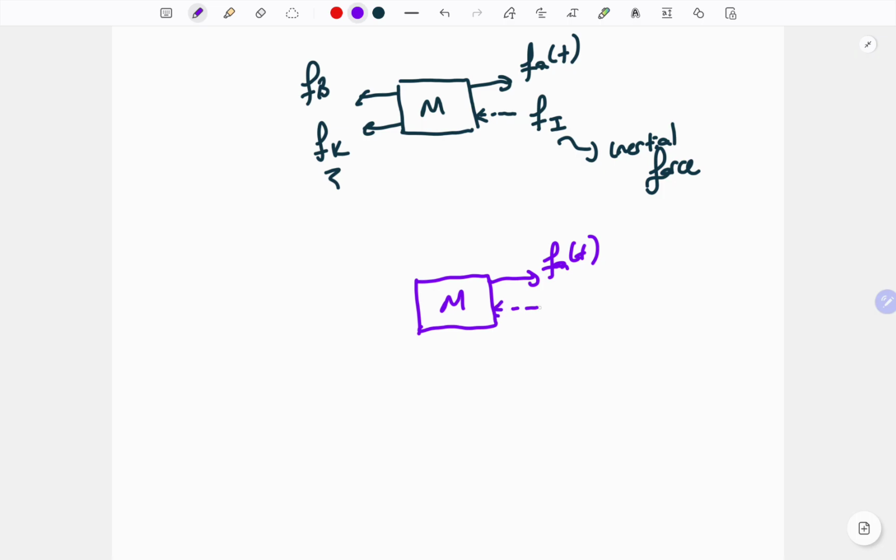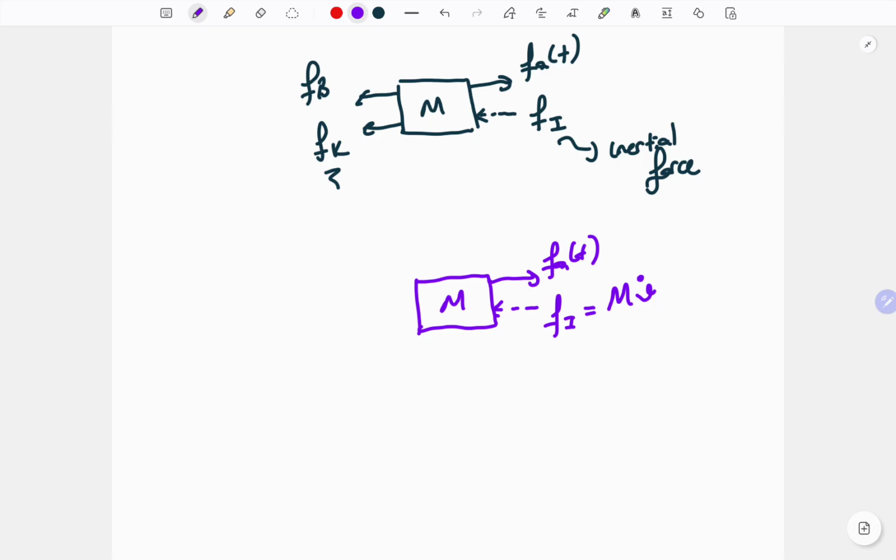And according to our initial drawing of the free body diagram, we have Fi, which represents the inertial force on the left side. Its expression must be mass times velocity derivative.